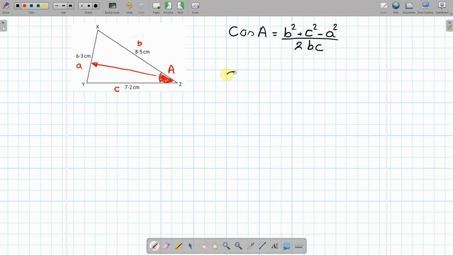Now, it's literally just a case of plug the numbers in and let's see what happens.